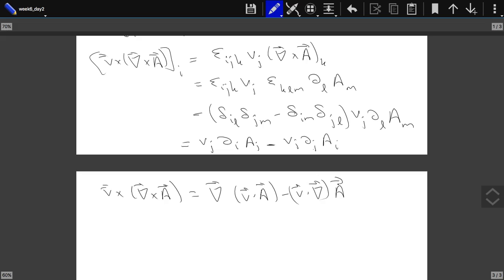Vj Aj is nothing but the scalar product of V and A. I'm taking the xi-th derivative, obtaining the ith component of that vector. Well, that is nothing but the definition of the gradient. And here I have the Vj del j, that is the scalar product of V and del, acting on the ith component of the A vector.